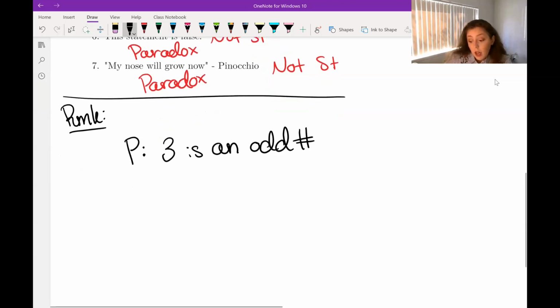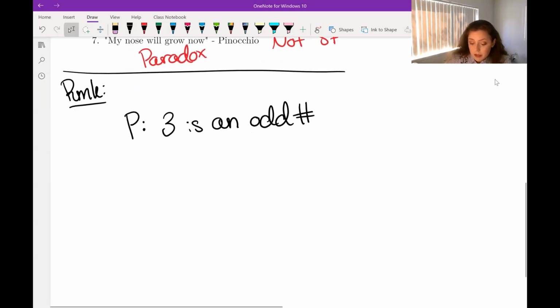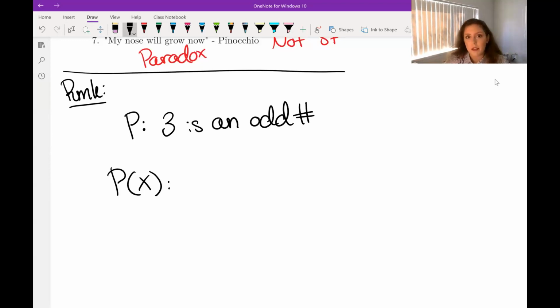Okay, another way we can write statements is like this. And so remember, I'm doing the colon with the dot dot. There's no equal sign because that doesn't really make any sense. Okay, we're saying that P with value X is defined as, and then let's say X is an odd number.